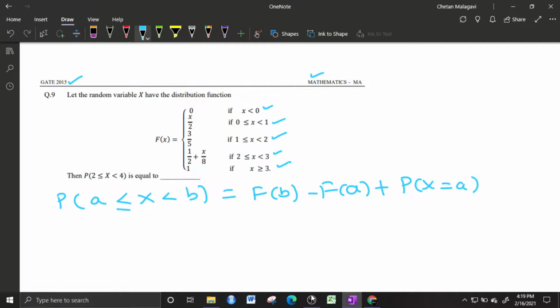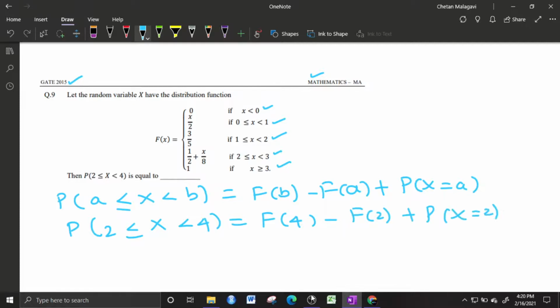So this is the formula. Let us calculate one by one. Here it is the probability of 2 less than or equal to x less than 4, which is equal to F of 4 minus F of 2 plus the probability that x takes the value 2.